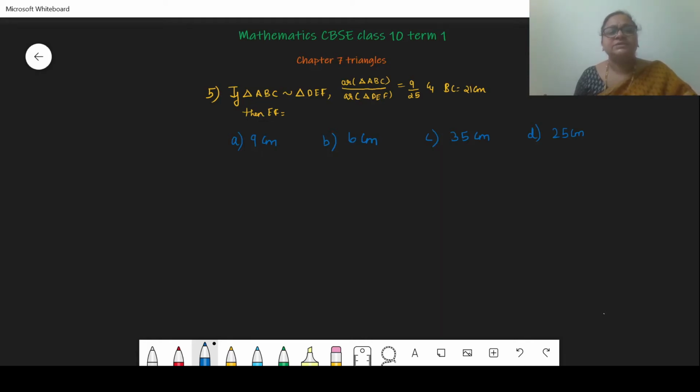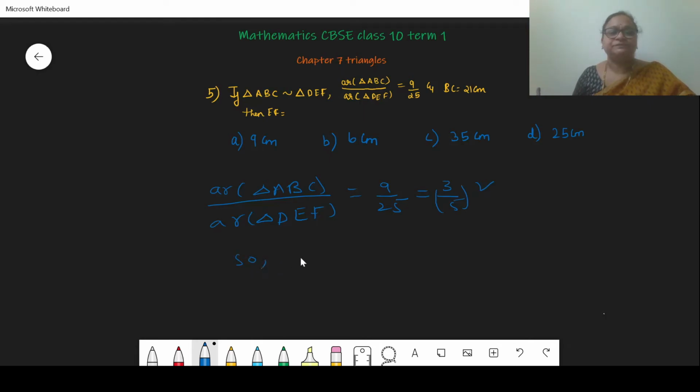If triangle ABC is similar to triangle DEF, area of triangle ABC by area of triangle DEF is equal to 9 by 25 and BC is equal to 21 centimeters, then EF is equal to. We know that the ratio of areas of two similar triangles is equal to the square of the ratio of their corresponding sides. So area of triangle ABC by area of triangle DEF is equal to 9 by 25, this is what is given. 9 by 25 is nothing but 3 by 5 whole square.